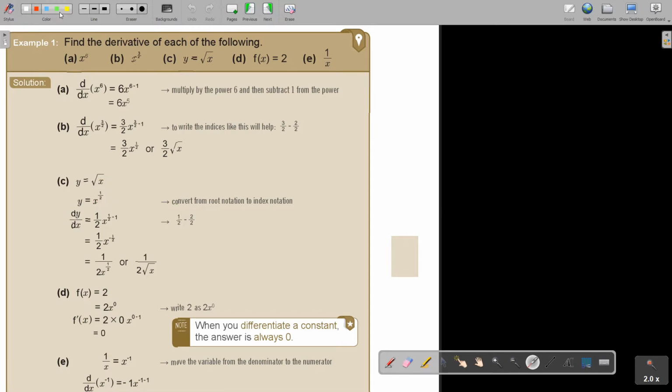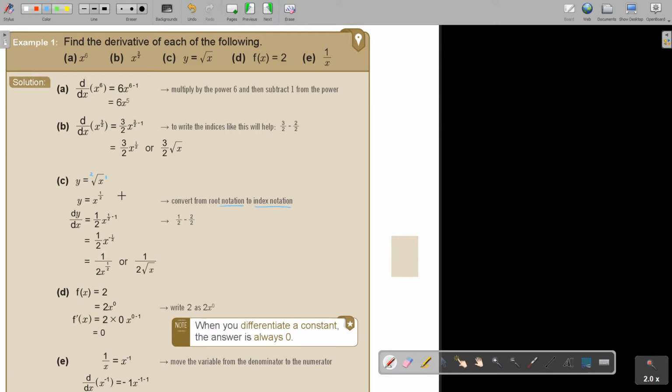Can you still remember how we did that? If there's a 1, and if there's nothing standing with the root, then there's a 2. So always the 1 comes on top and the 2 is the denominator at the bottom. First convert from root notation to index notation.